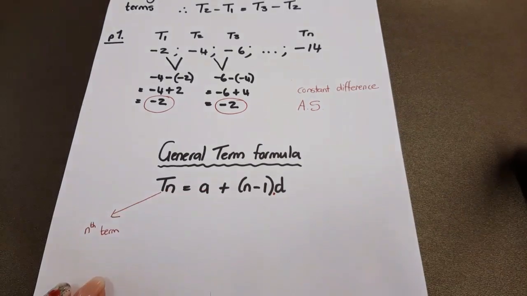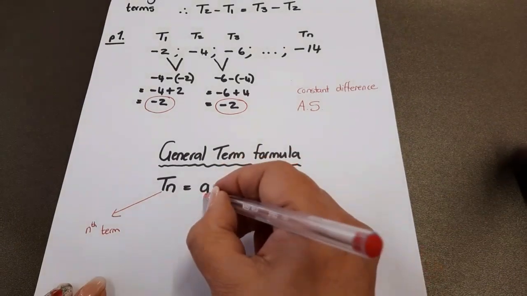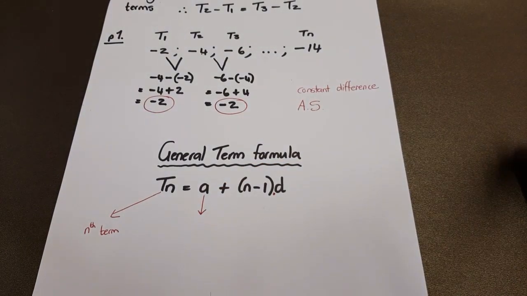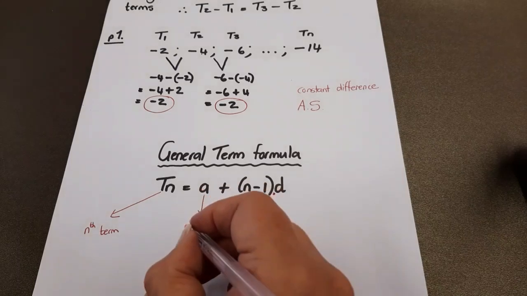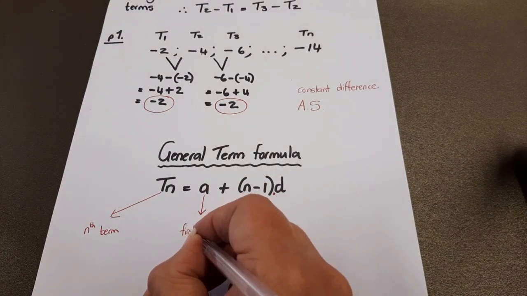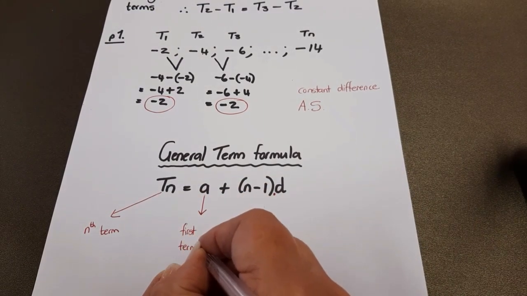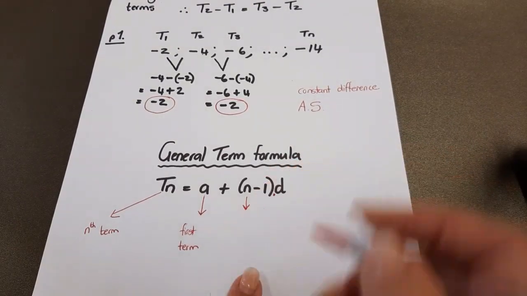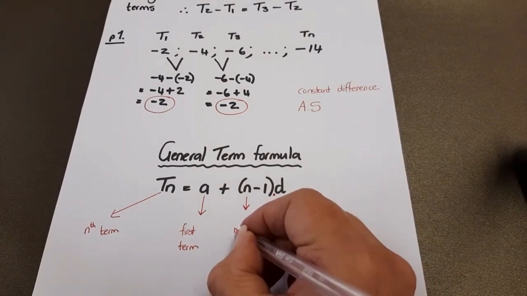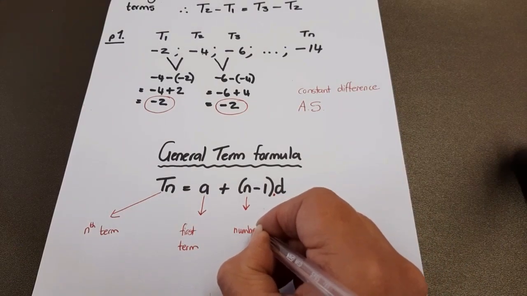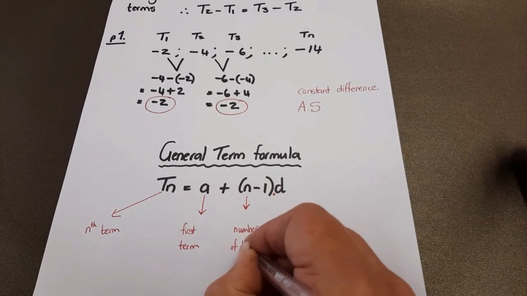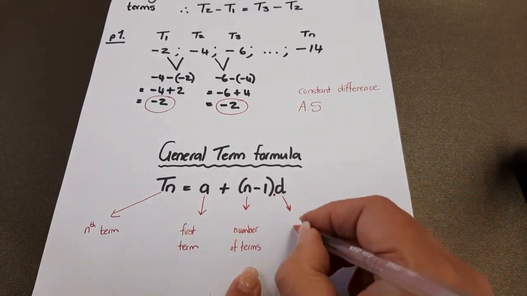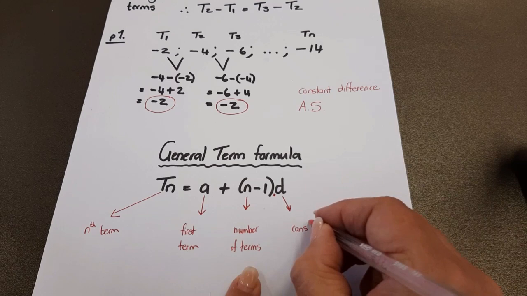It usually is the last one. a is first in our alphabet, so a is our very first term's value. n is the number of terms. And d is our constant difference.